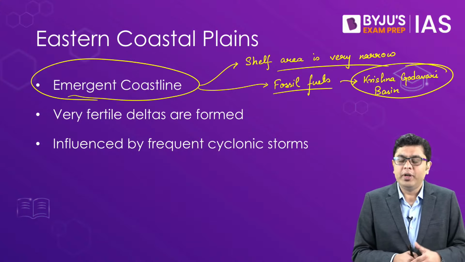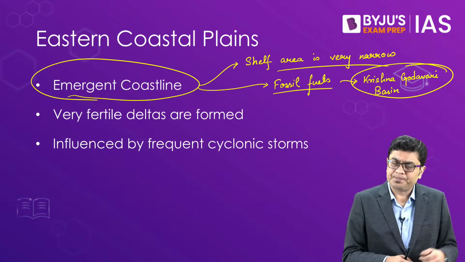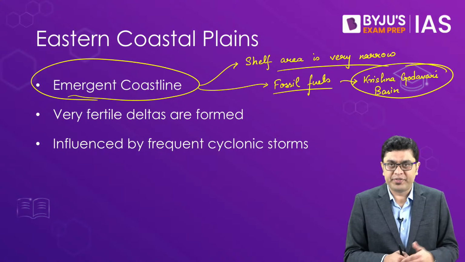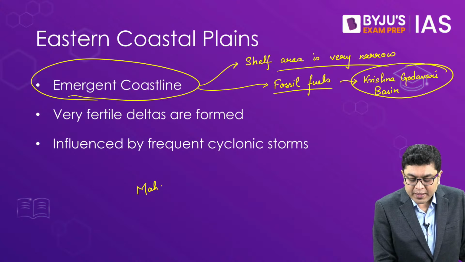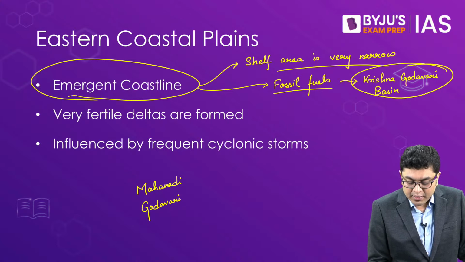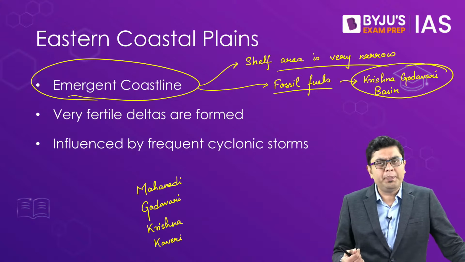Now, this is a zone where you have multiple rivers flowing into the Bay of Bengal. Most of the major rivers in peninsular India, be it river Mahanadi in the region of Chhattisgarh and Odisha, be it the river Godavari, which is also referred to as Dakshin Ganga, be it the river Krishna, or be it Kaveri, all these major rivers empty themselves into the Bay of Bengal.